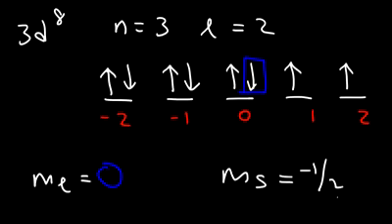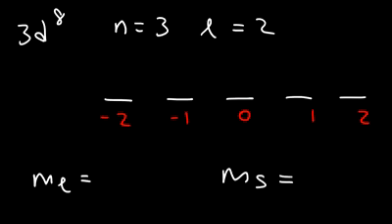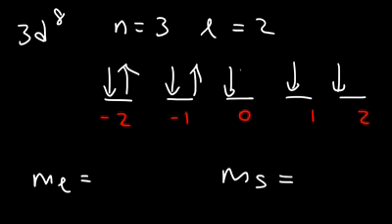But now you might be wondering, okay, what if we started with down arrows as opposed to arrows facing upward? So this won't affect your ml value, but it will affect your ms value. So this is 1, 2, 3, 4, 5, 6, 7, 8.